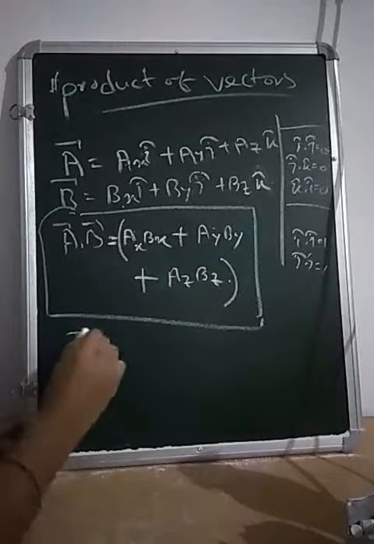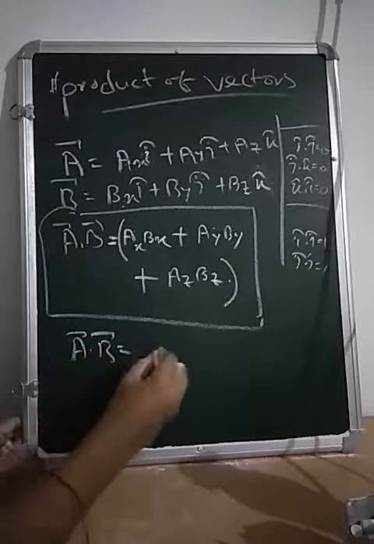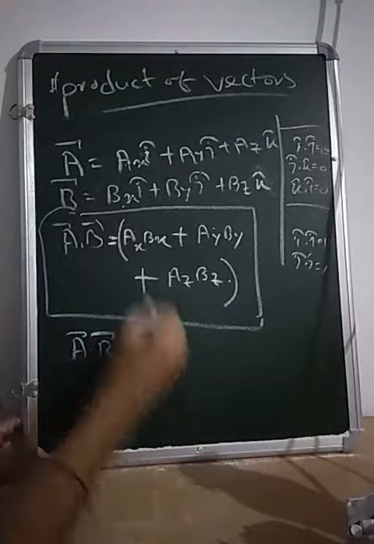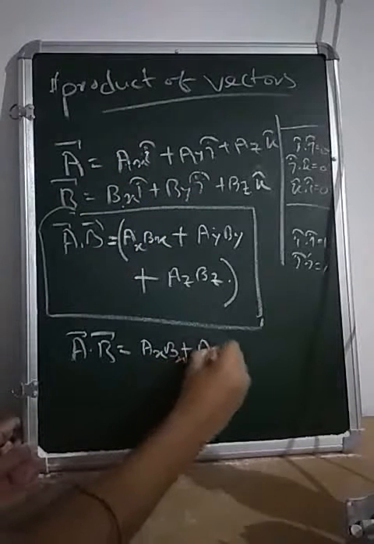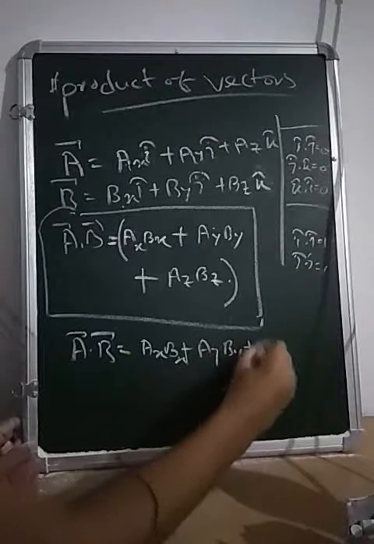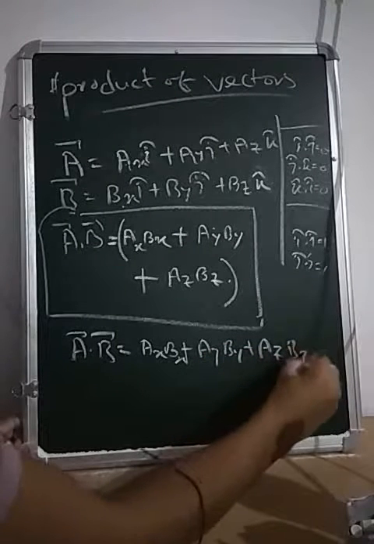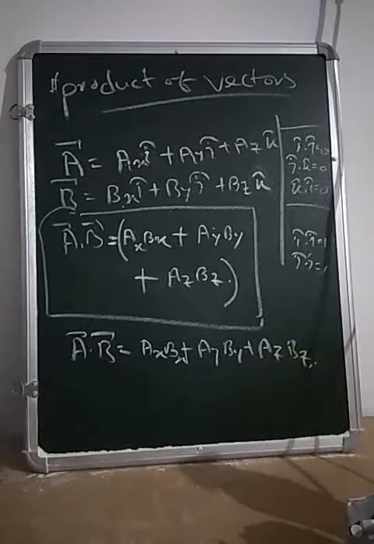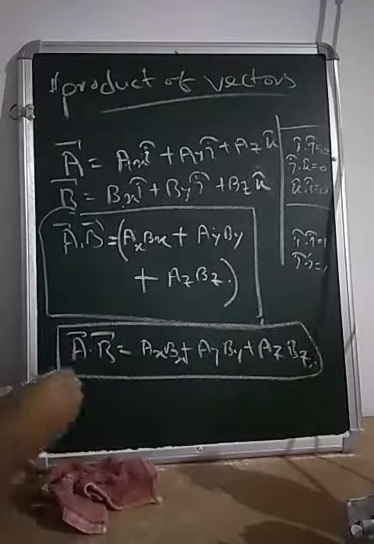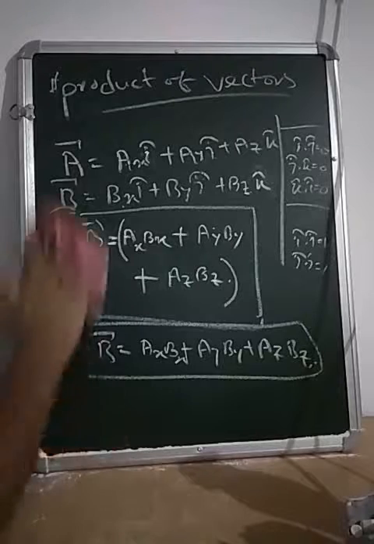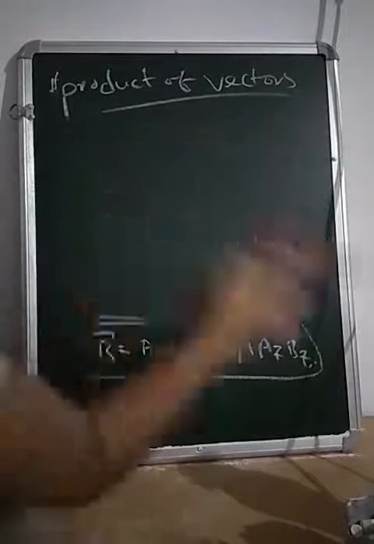So A dot B is how much? Ax bx, suppose A is this, B is this, plus ay by plus az bz. That is how we perform dot product. Suppose I am taking an example.